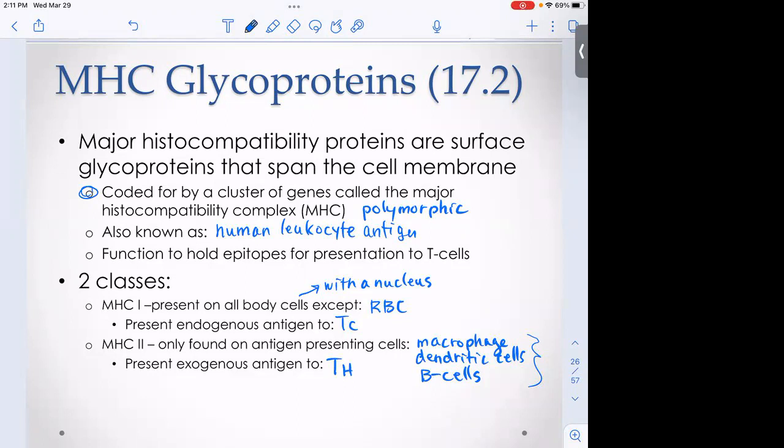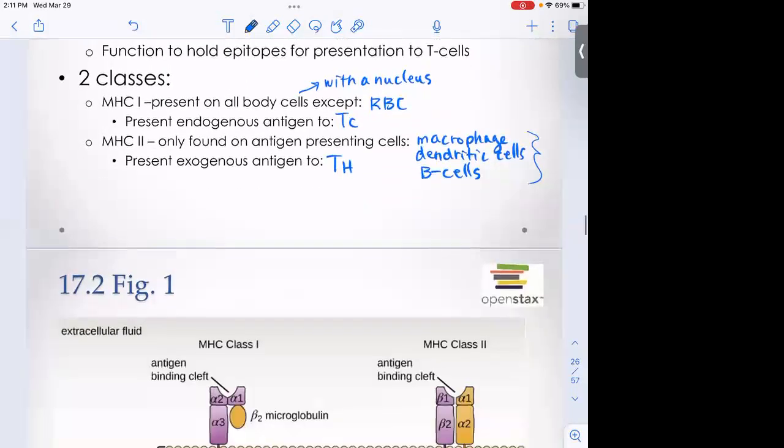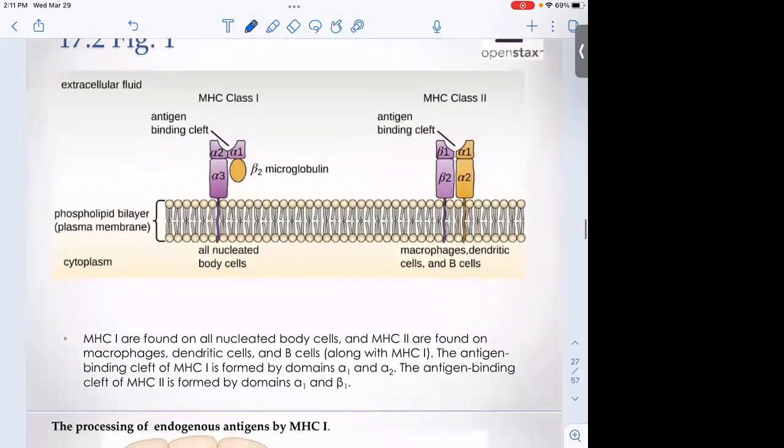All right. It's always good to have a picture. I'm not so worried about the structure of these. This is a little more detailed, but MHC class 1 spans the membrane of all our cells, all nucleated body cells. It spans it once.